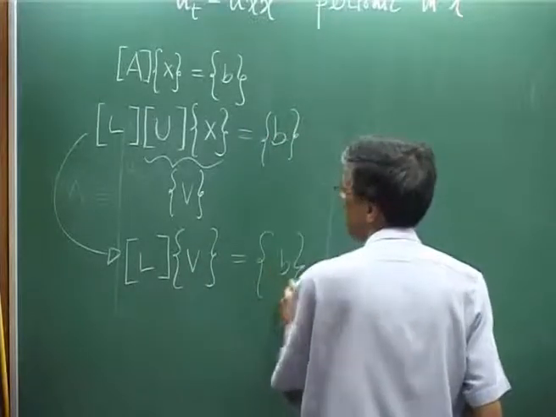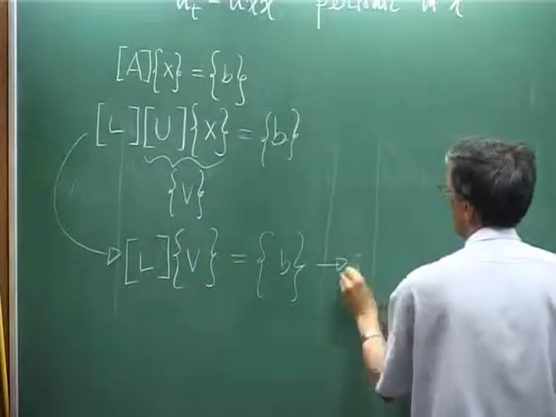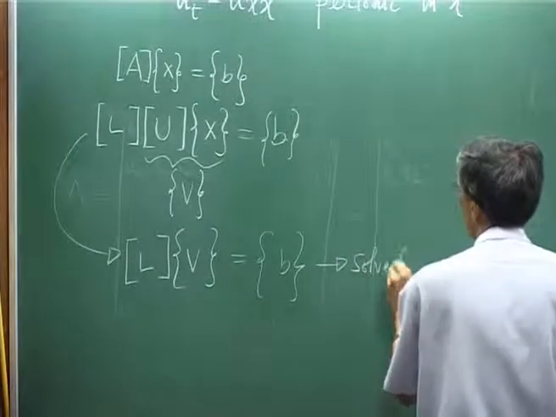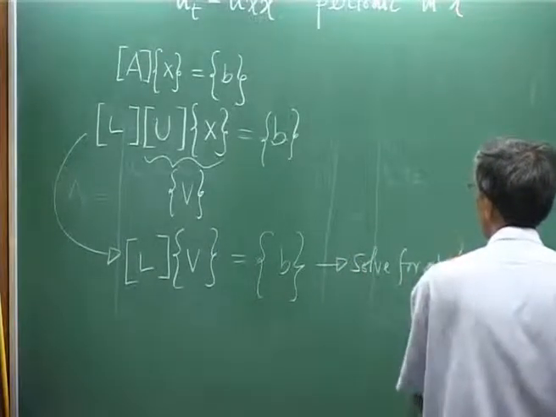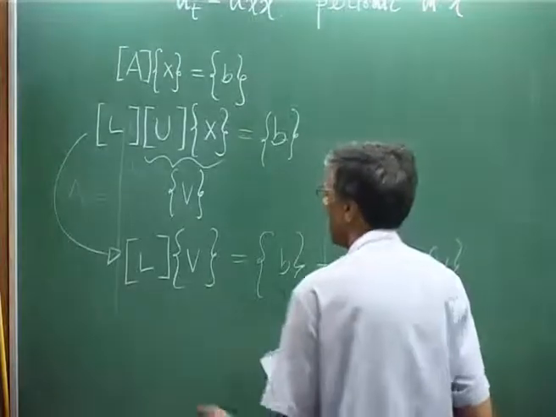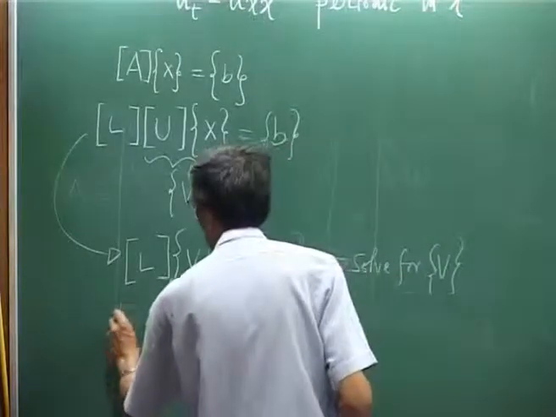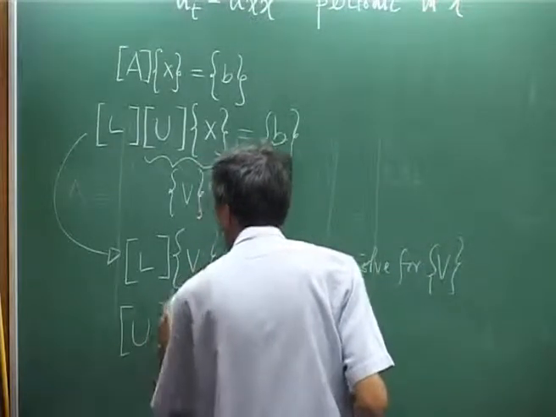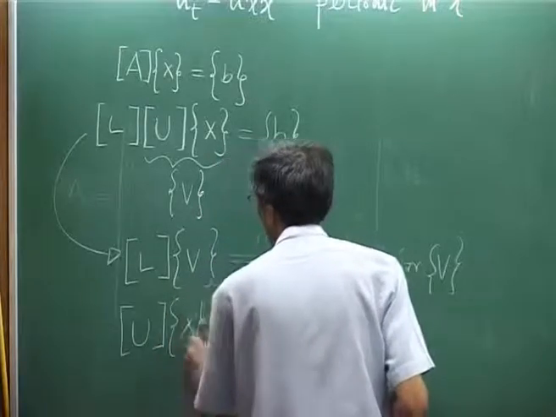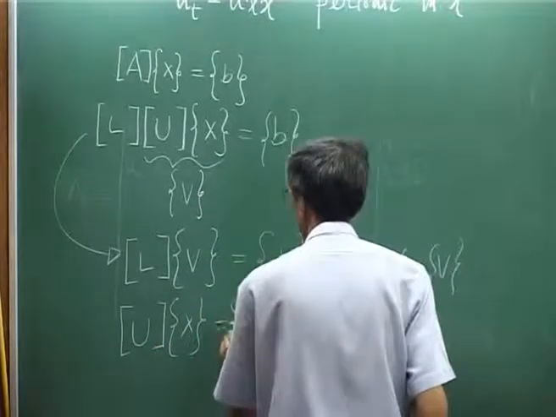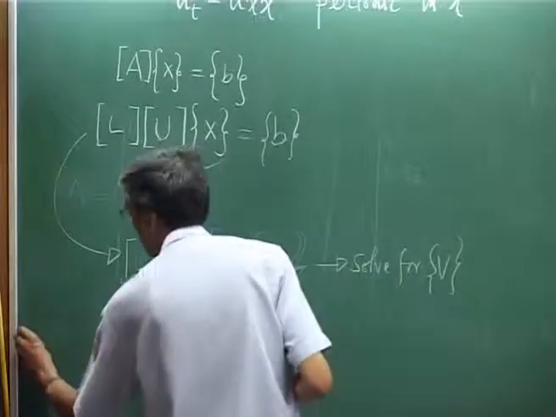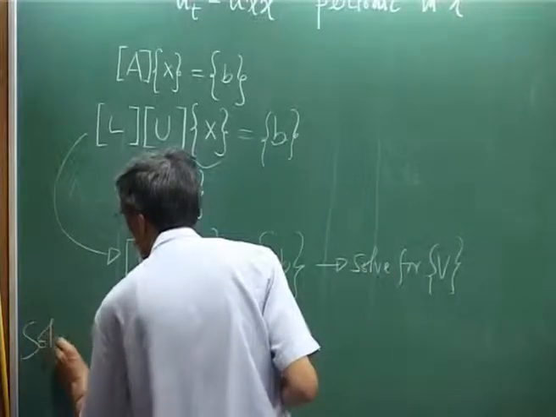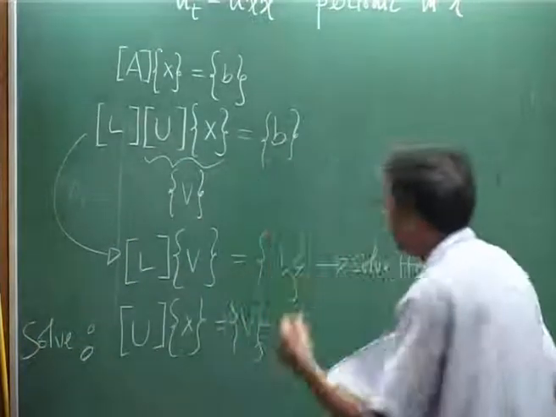So, you can first solve for the v vector, and once you have that, then you solve U x equal to v. Then you solve this in sequence, and you are done.